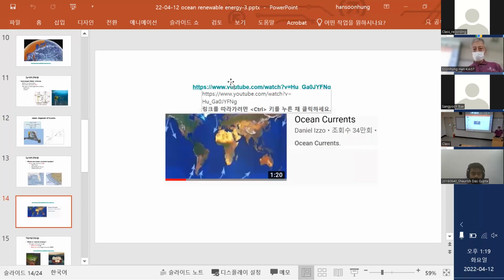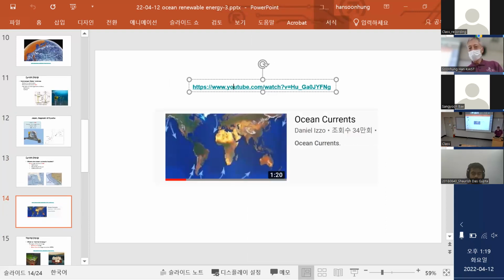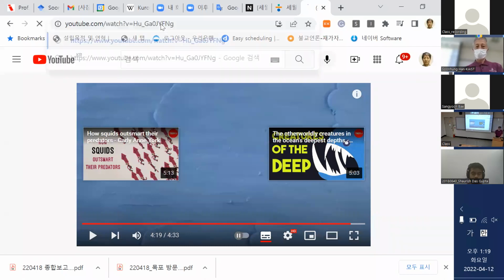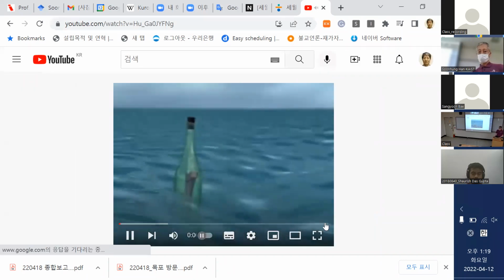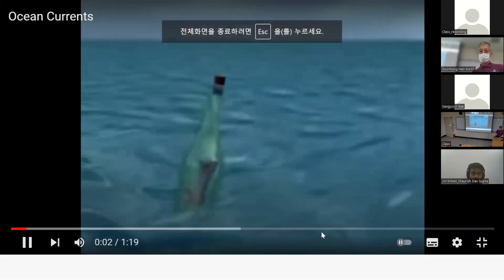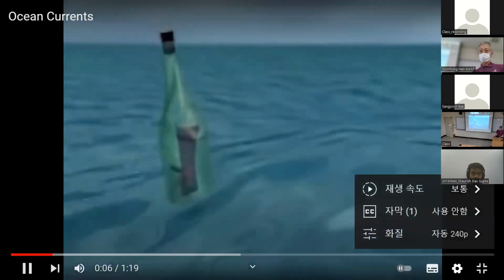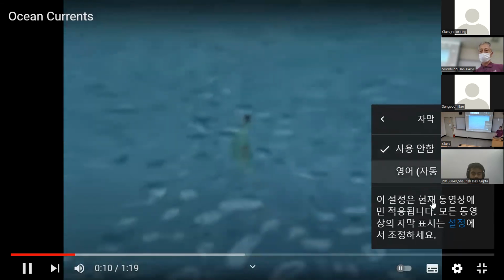We hear about strange things from distant places being washed up on our shores all the time, but how do they get there? Ocean currents are the movements of surface water in the oceans.